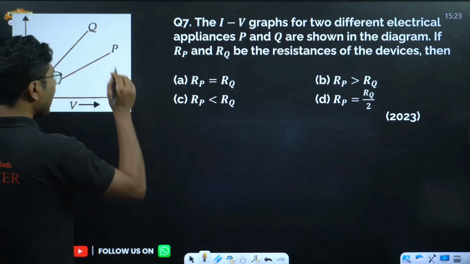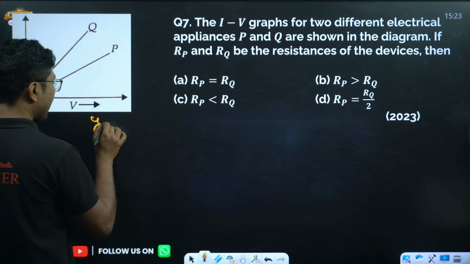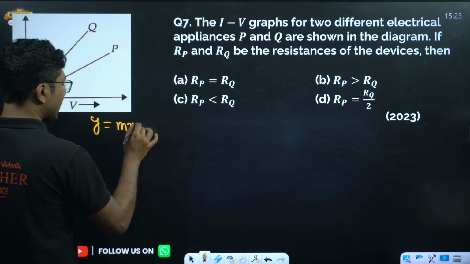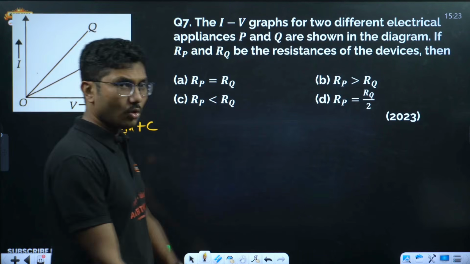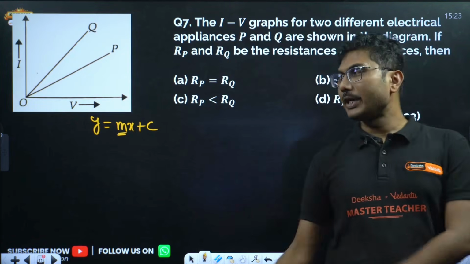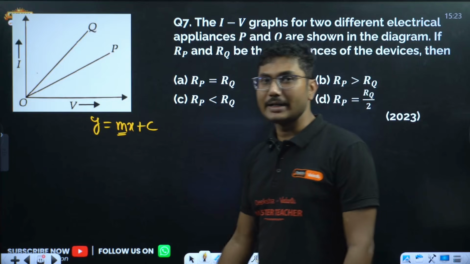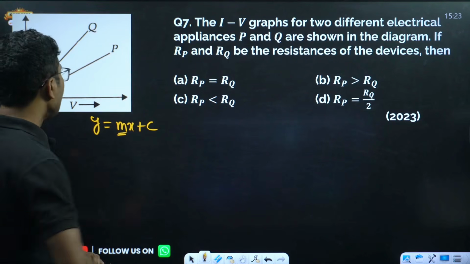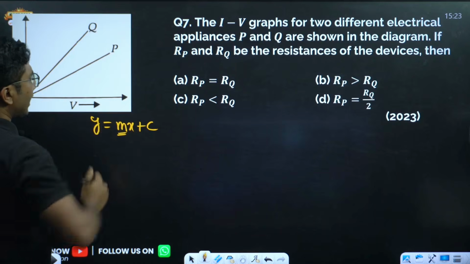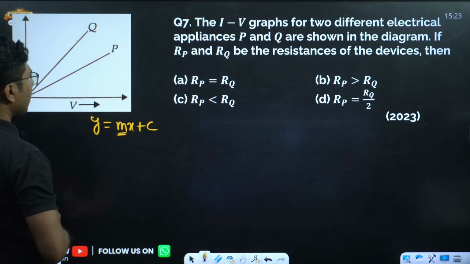So we know that if we can write an equation like y equals mx plus c, then we can say that m represents the slope of the graph, and if we can find the slope, it helps us to identify which angle is more, which angle is less. So let's see, can we find the equation for these 2 points or not?